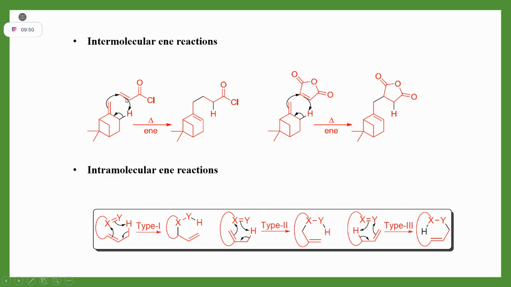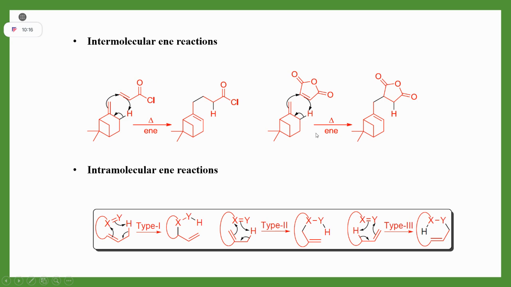Among these two positions, where will your H plus go? Where your negative charge will be stable, yes or no? That's why hydrogen gets transferred to the alpha carbon of carbonyl chloride, and this allylic system bonds to the beta carbon, and this is your ene reaction.